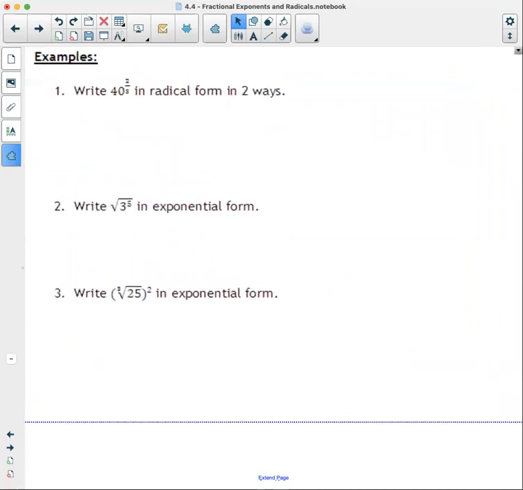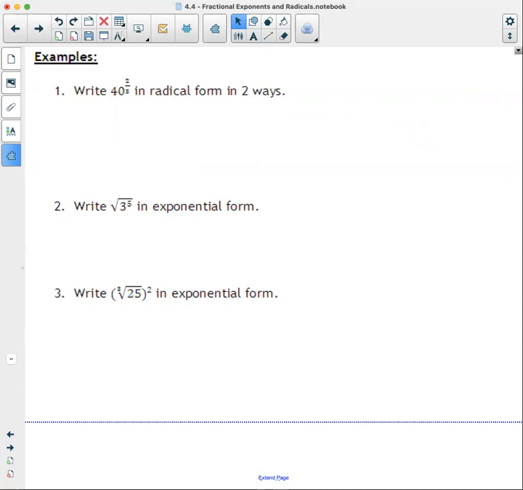So let's go ahead and use those rules to write these fractional exponents as radicals, or radicals in fractional exponents in various ways, okay? So 40 to the exponent 2/3.